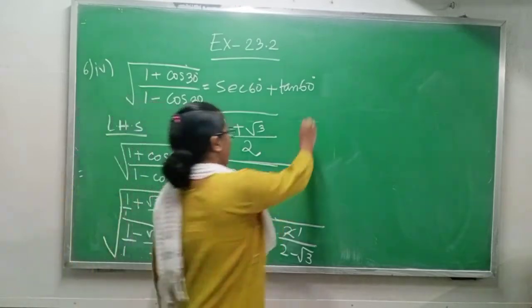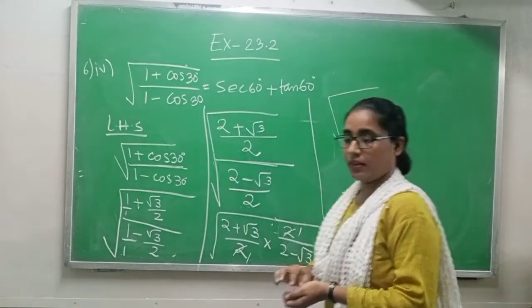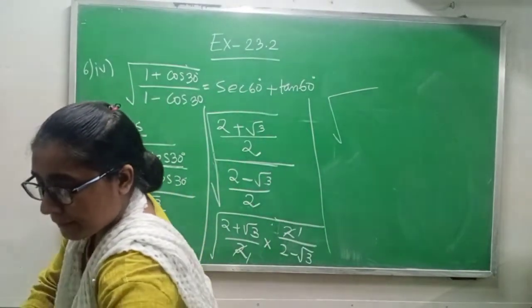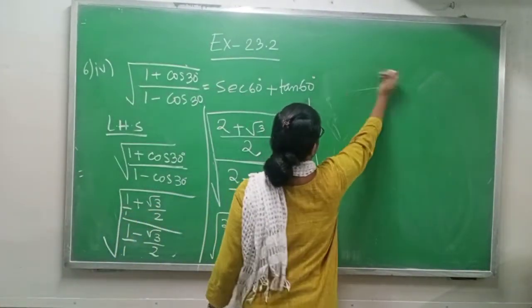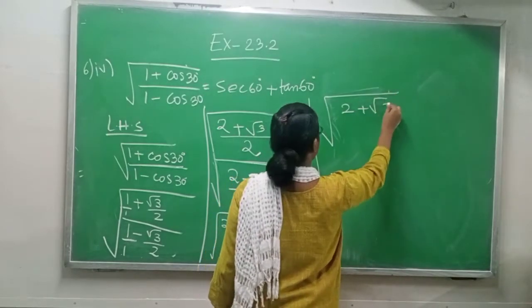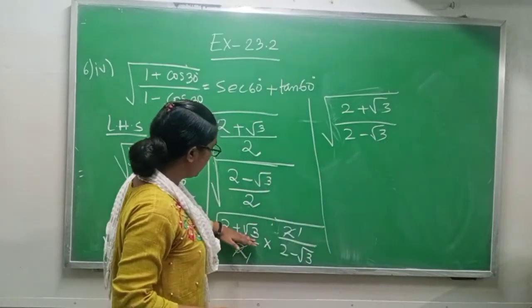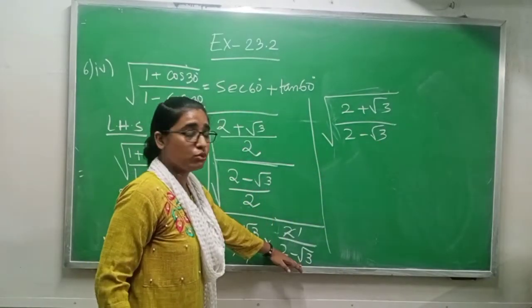At that time, what you will do, you will write 2 plus root 3 by 2 minus root 3.